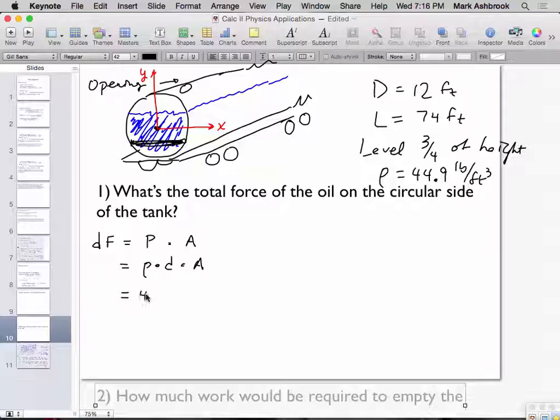It's easy, 44.9. Okay, what is d? D is this, to the top. Okay, so what is that? So this much from here to here is 6.